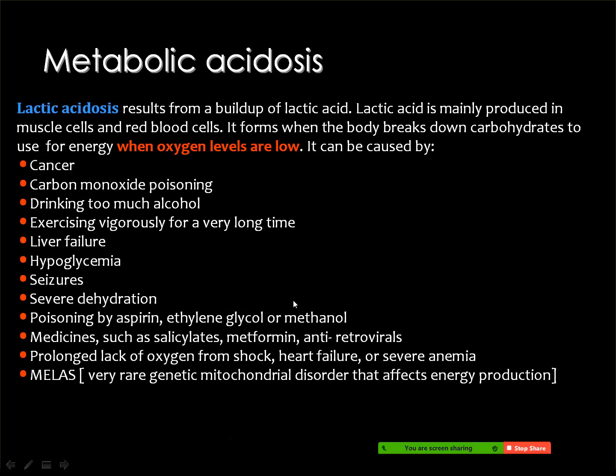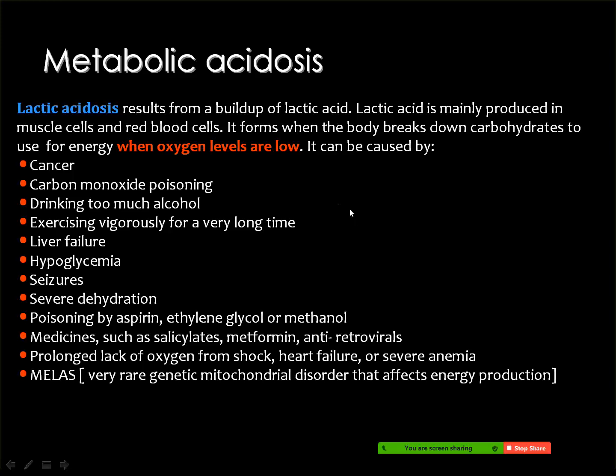Then lactic acidosis is, let us say, the most common form, where there is accumulation of lactic acid in the circulation. This occurs when the body breaks down carbohydrates to produce energy when oxygen levels are low. The underlying causes may be cancer, carbon monoxide poisoning.